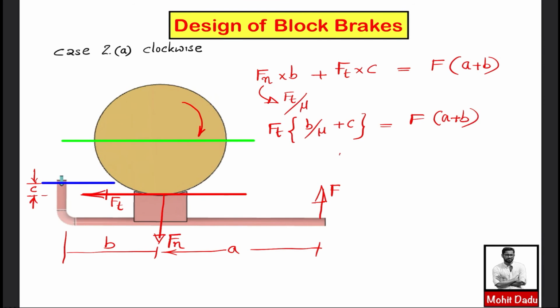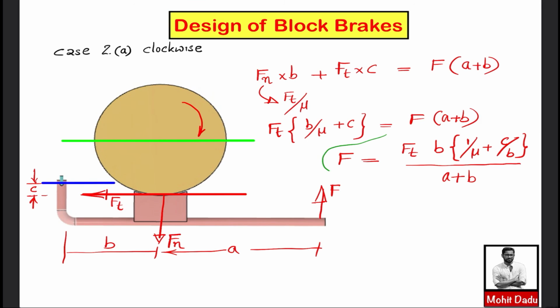So I can write F equal to Ft into, taking B common outside of the bracket, B into (1 by mu plus C by B), divided by (A plus B). You will be getting the same expression that I will show in the data book also. So this is the expression based on the free body diagram of this case.